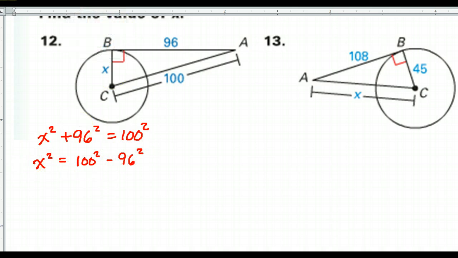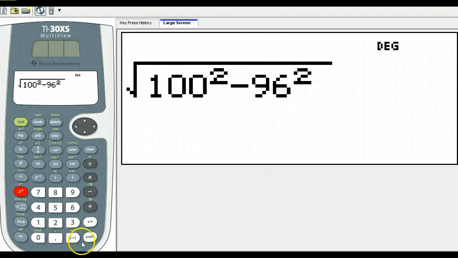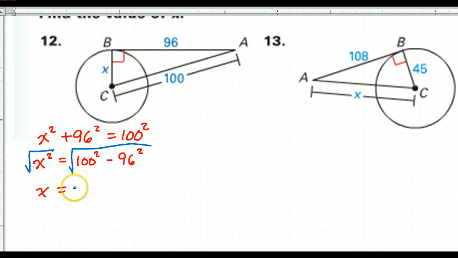And then I like to just take the square root of everything right here, the square root of it all. That's going to give me x equals, and that's how it would look in the calculator, 28. So x equals 28. That's it for number 12.